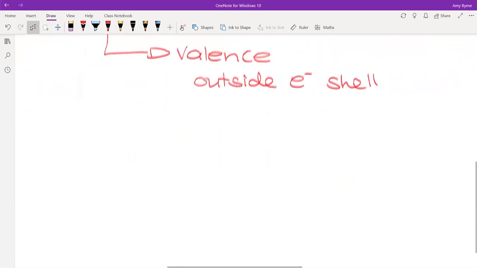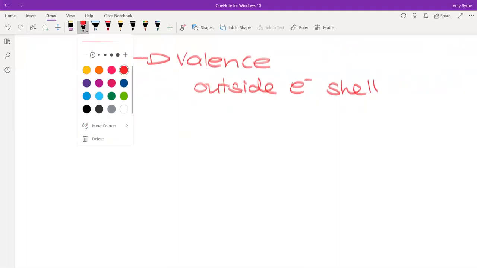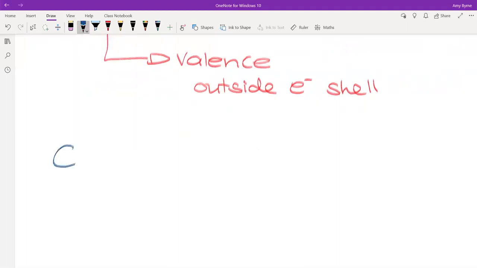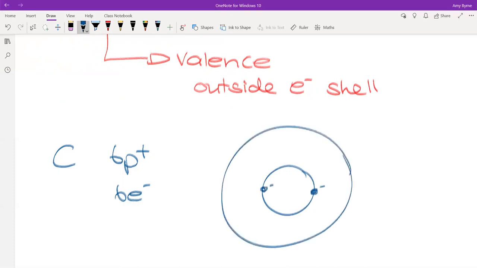So, for example, if we look at carbon, carbon has 6 protons and 6 electrons. So in its inner shell, it's got 2 electrons, and in its outer shell, it's got 4. So for covalent bonding, we're talking about the bonding that happens in this outside electron shell.